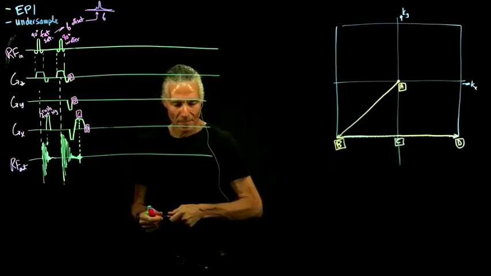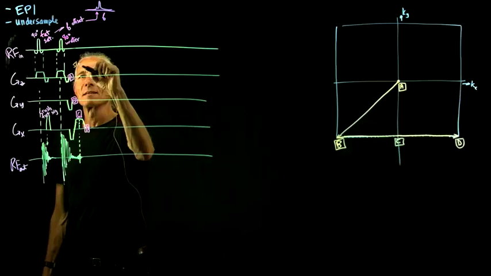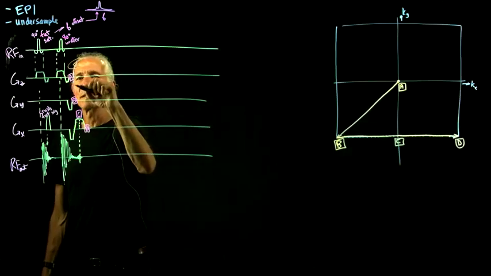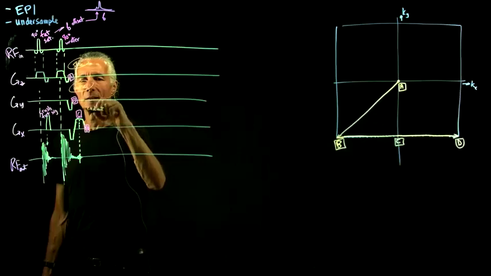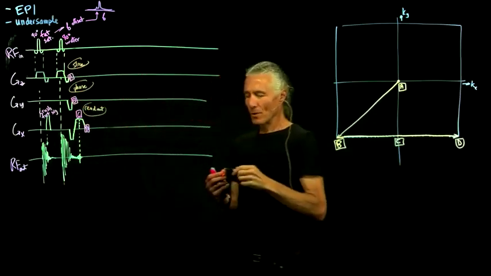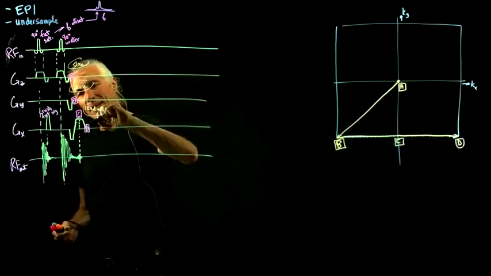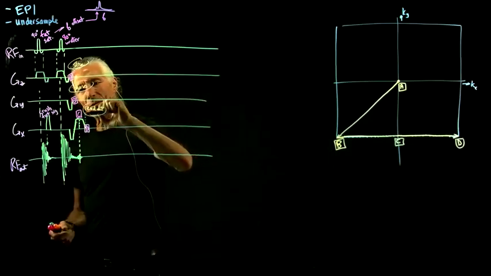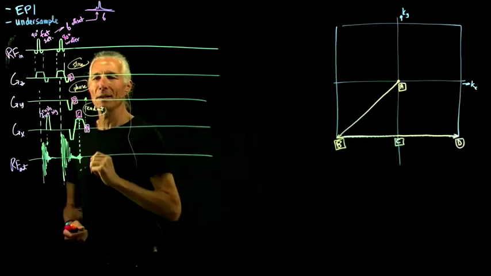This one is slice, this is phase, and this is readout. So we haven't turned the phase encode gradient on, but what we do now is, right where we're crossing zero, we turn on a blip.